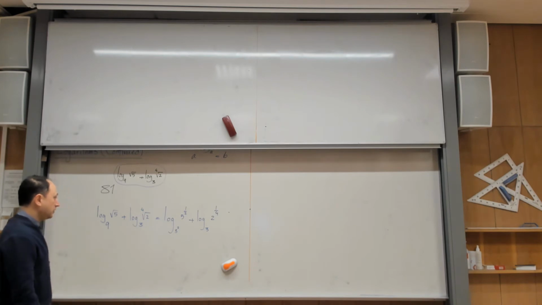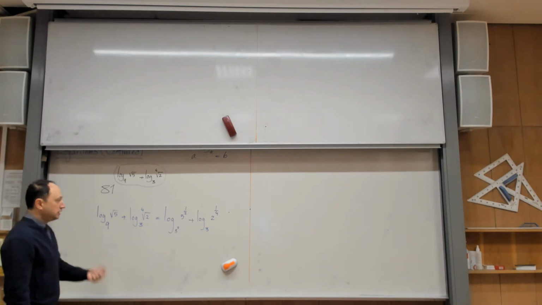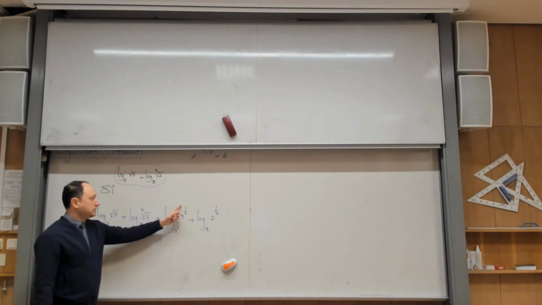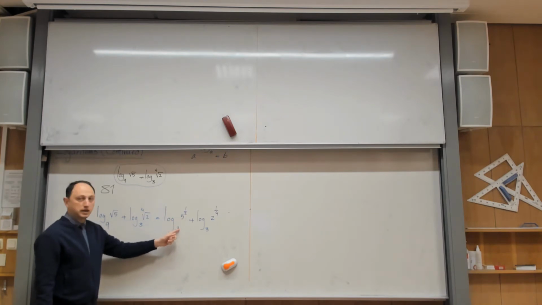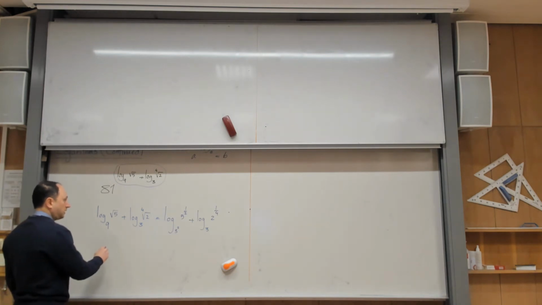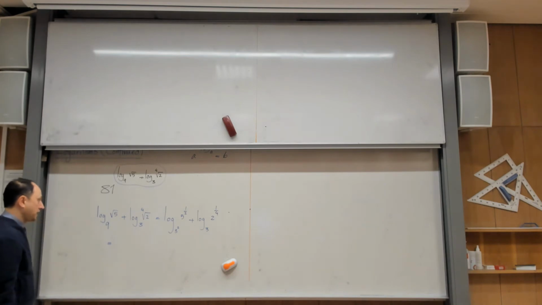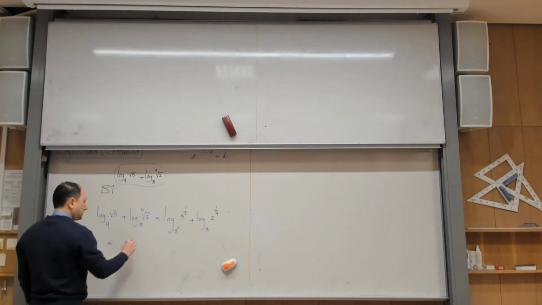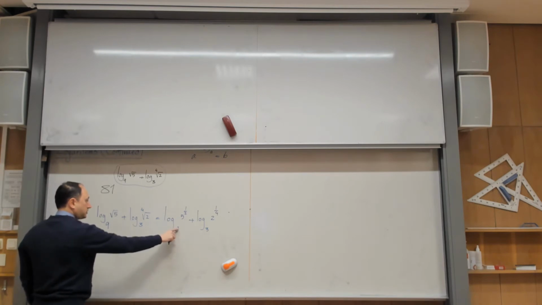No? Okay, and then you learned yesterday what happens if I have an exponent here, and what happens if I have an exponent here. So I will use it, okay? So what happens here? Is it good or not? We have to see. Then 1 over 2 goes there. But what happens for these two?